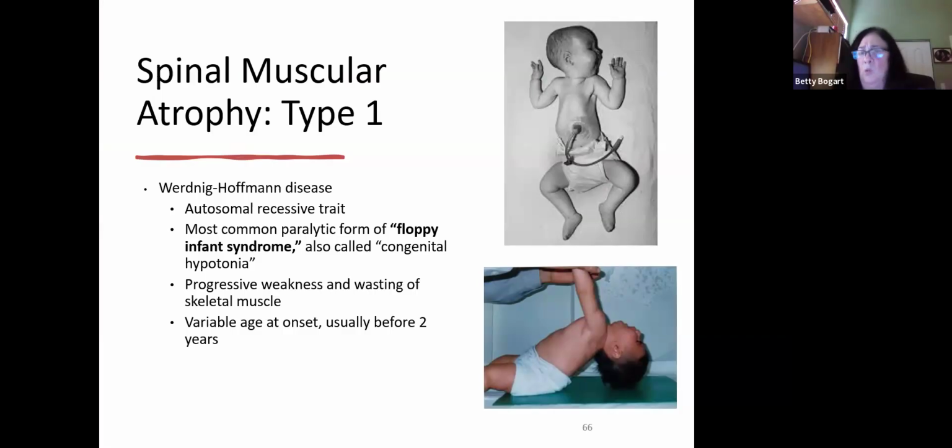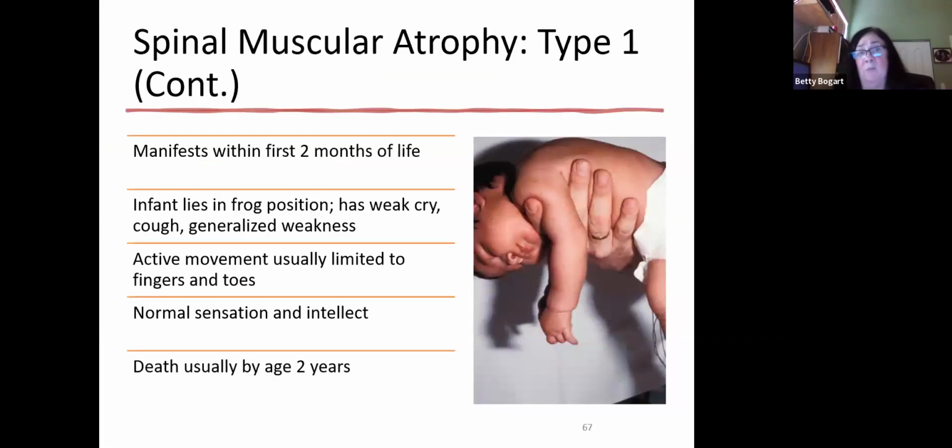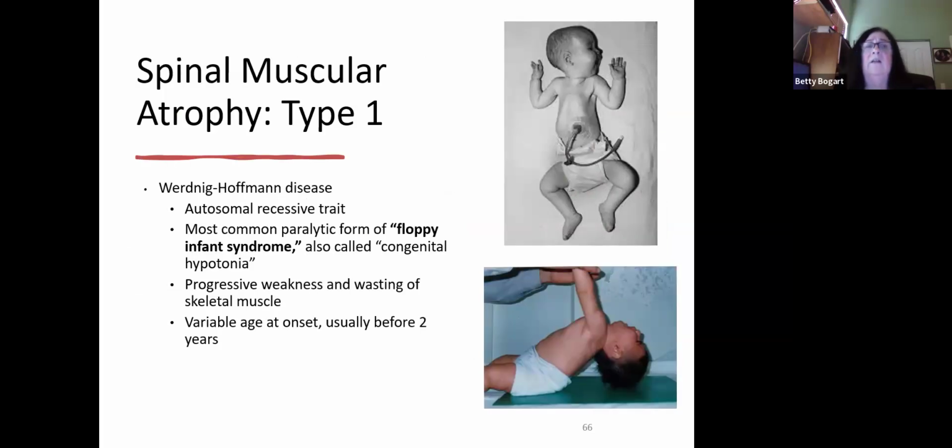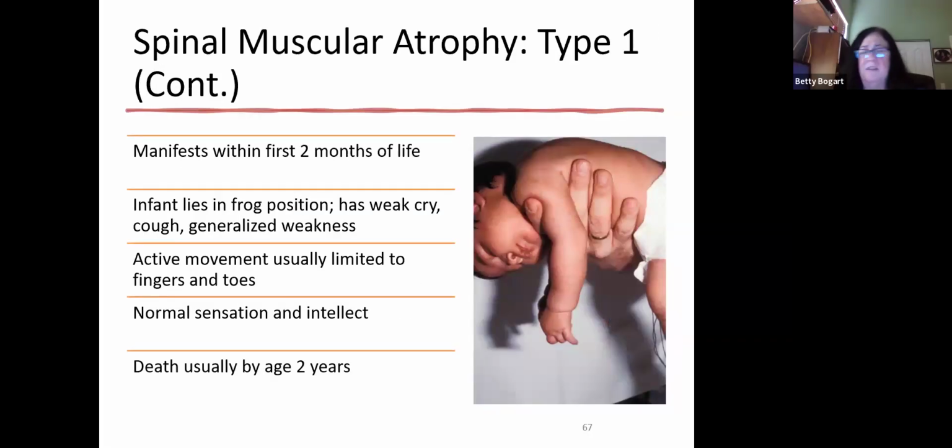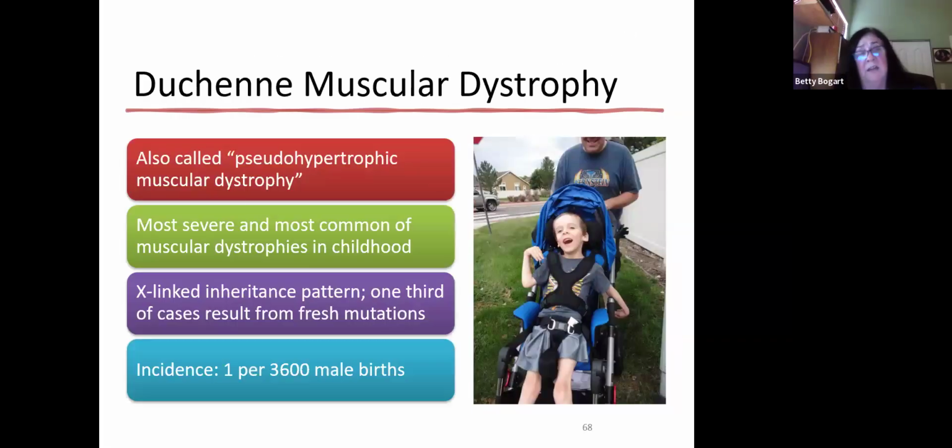You'll see them get to the point where they can't even breathe, and they usually die by the age of 2. That is called Werdnig-Hoffmann disease. It's not a great disease to think of. There's not much outcome to that.